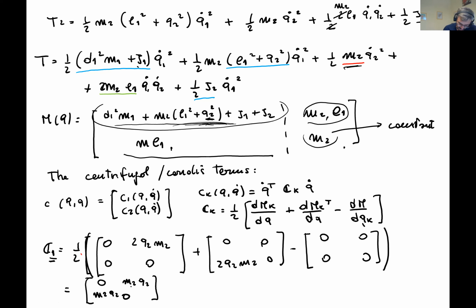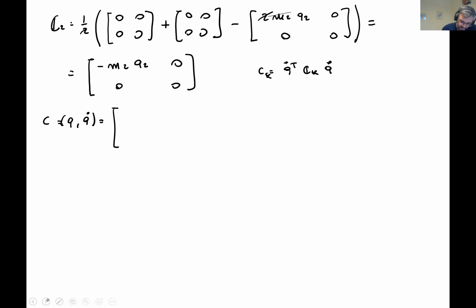The first one has only the off-diagonal term, so it will be multiplied by M2 Q2 by the Q1 dot Q2 dot term. While this one is the diagonal one, relative to the variable Q1 dot, so it will be minus M2 Q2 Q1 dot squared.